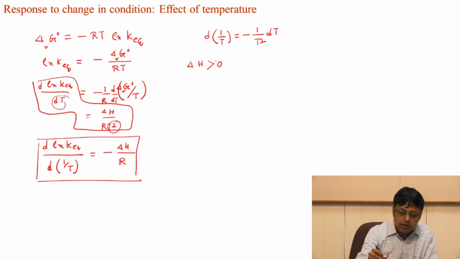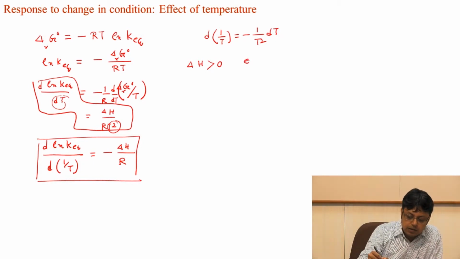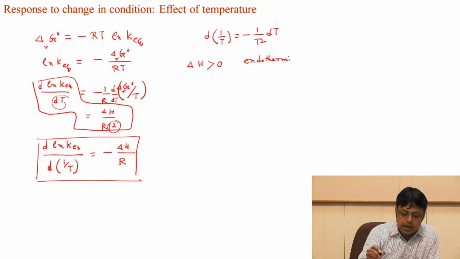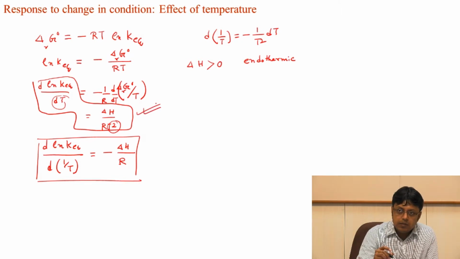So these are the endothermic reactions that we discussed. Then the slope of d ln K/dT, basically the slope of the ln K versus T curve, will be positive because ΔH is positive in this case.